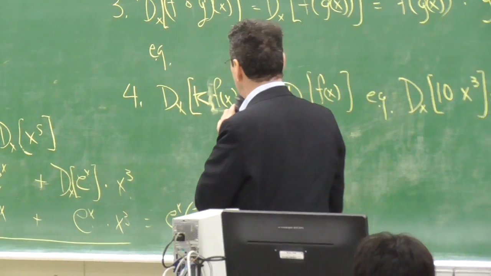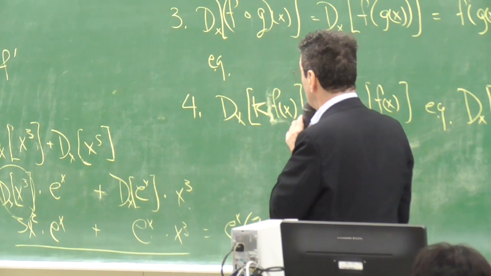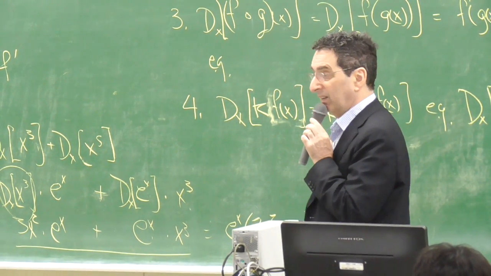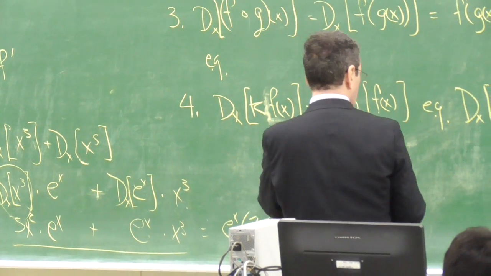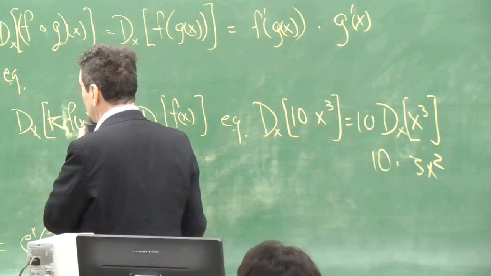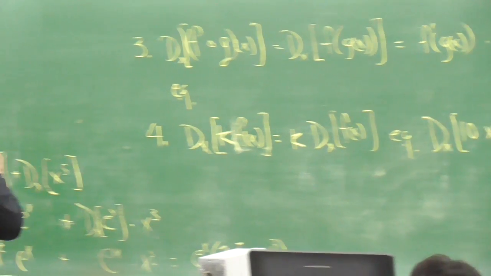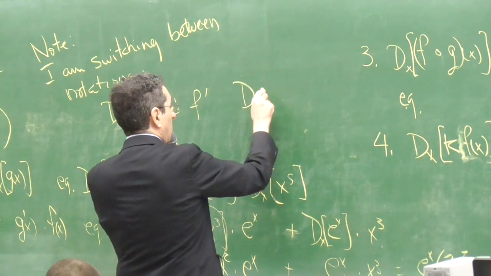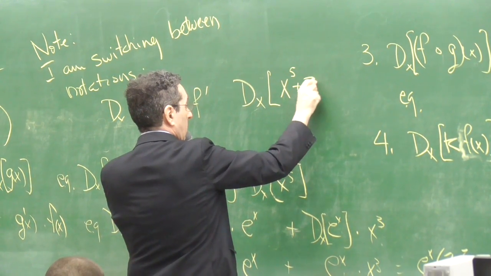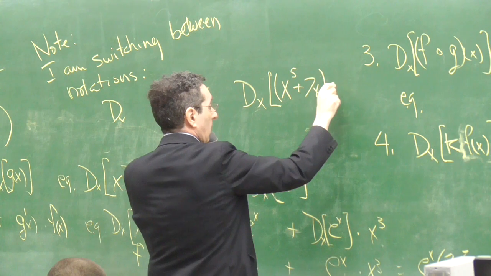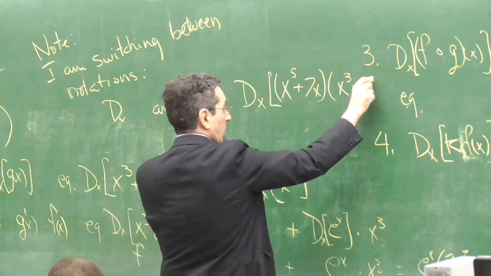Okay, and then finally, so we did 1, 2, and 4. Let's do another example of the product rule, just because that's new. Suppose we wanted to know the derivative of x to the fifth plus 7x, times x cubed plus 5.